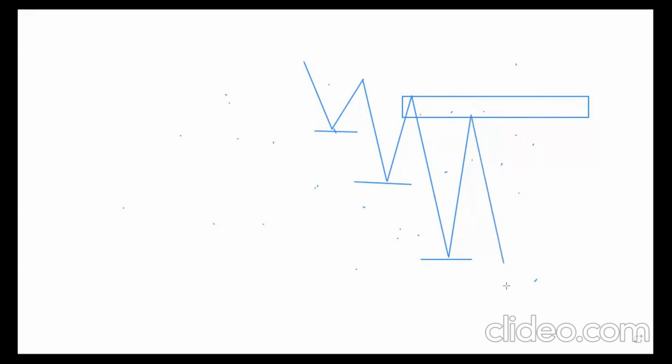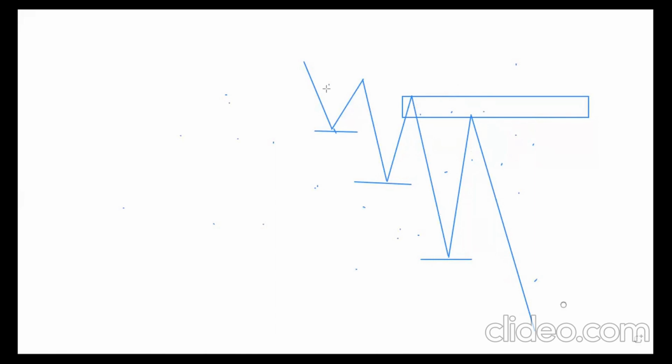This move started from this region, from the leg that made a sharp drop. Now, until this low is being broken, I will not consider this as a supply zone.